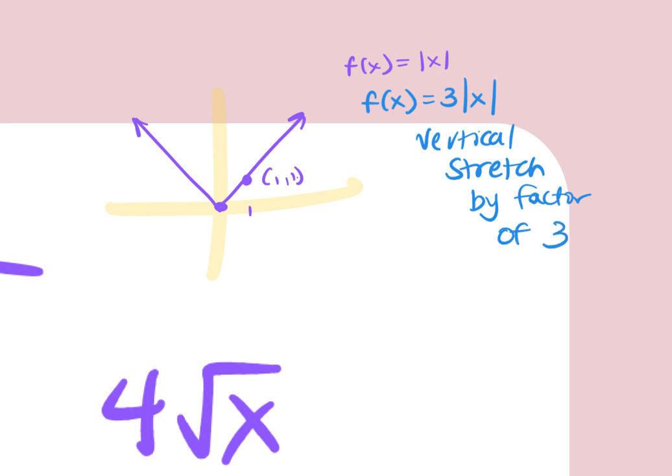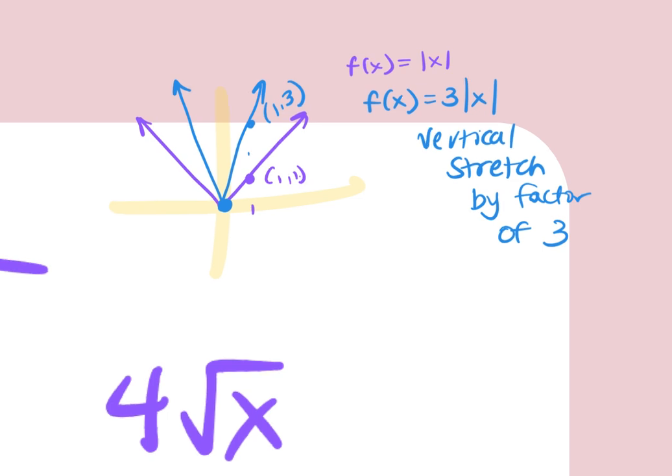And if I want to graph that, that means I'm keeping my initial point the same. 0, 0 would have no change. But my 1, 1, I would multiply the y by 3, which means it's now 1, 3. So whatever the vertical stretch is, I would alter the y coordinate by multiplying it by it.